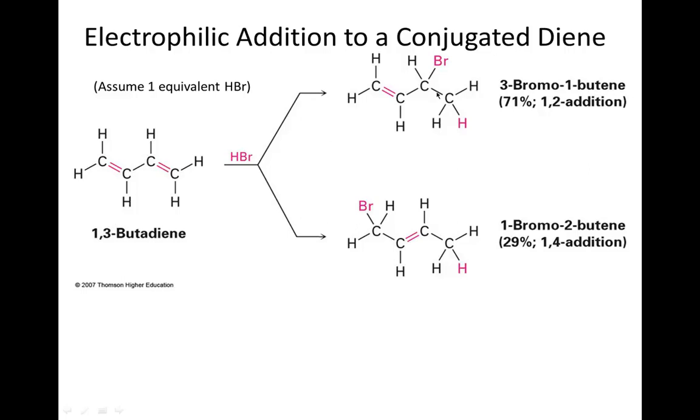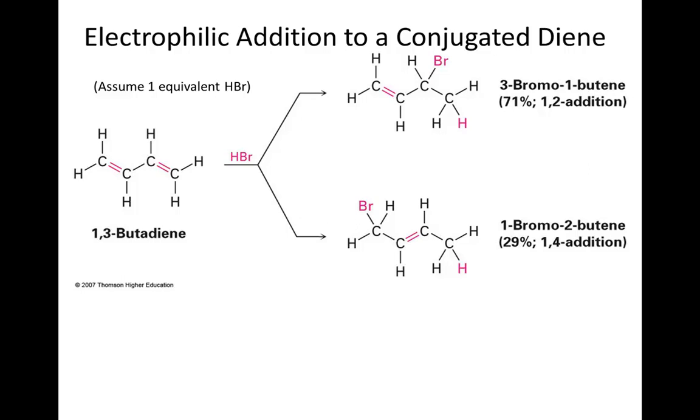You do the Markovnikov addition, and you get the hydrogen on the less substituted carbon and the bromine on the other carbon. Everything is all good until you look down here and you say 29% of this stuff is something else. You got the hydrogen at this end and the bromine at the other end, and how the heck did that happen? Something is going on here that's not like your plain old vanilla double bonds.